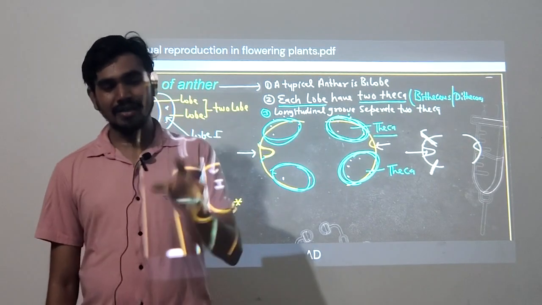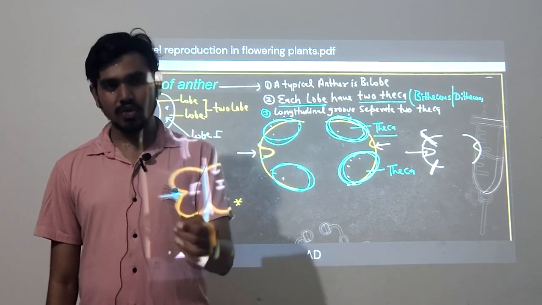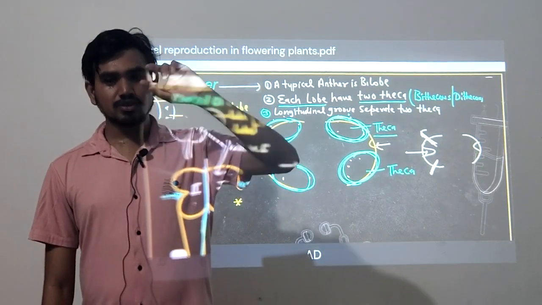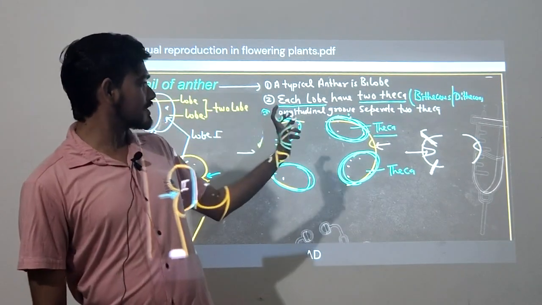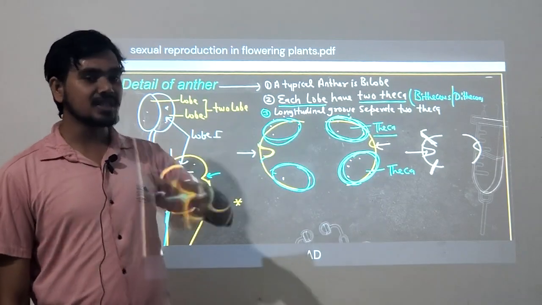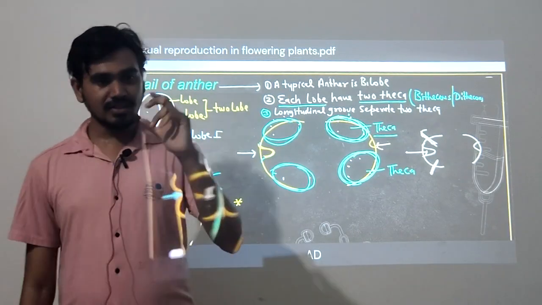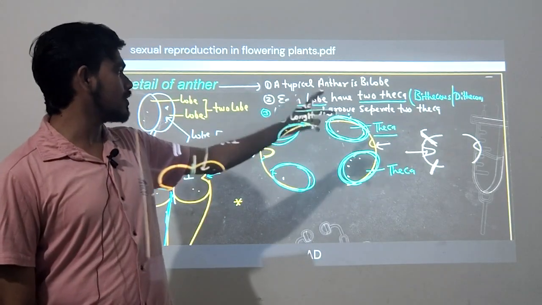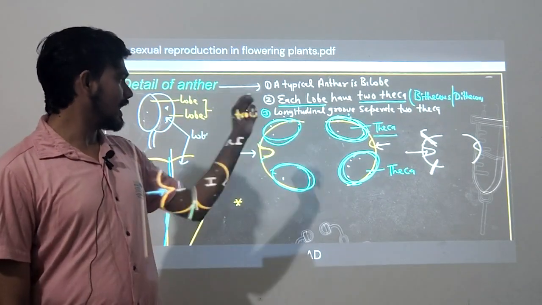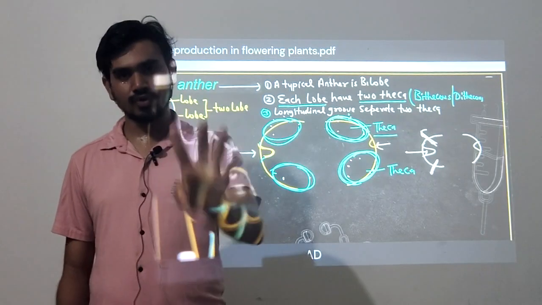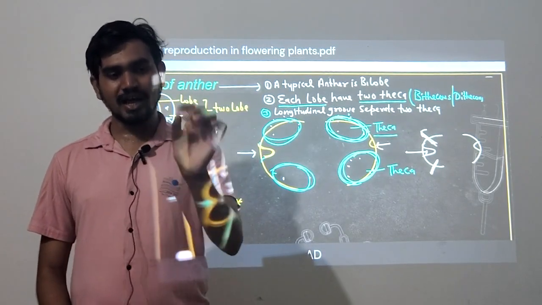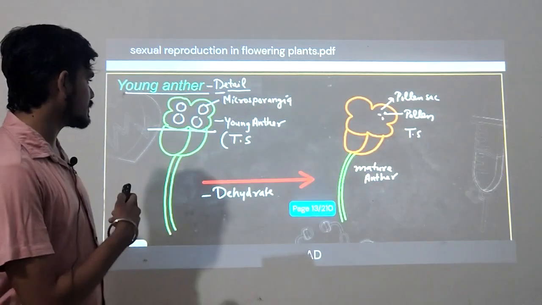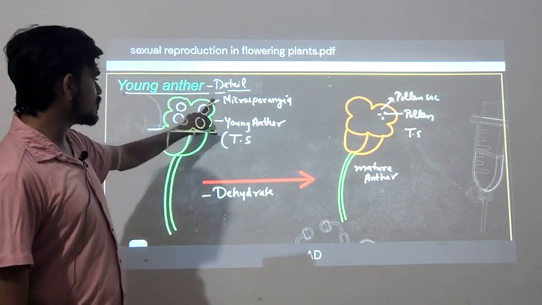So remember, the anther is bilobed, each lobe has two theca, and two lobes have four theca. So we can say it is dithecous, and the four theca contain four sporangia. That's why it is also known as tetrasporangiate. Those are the microsporangia.